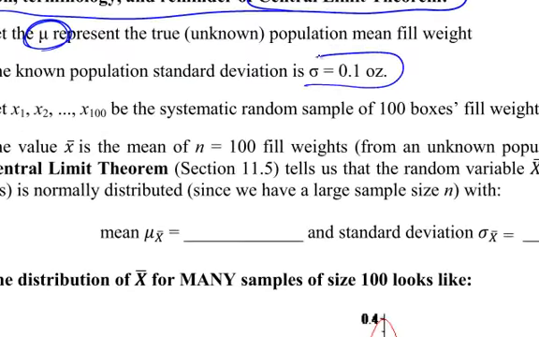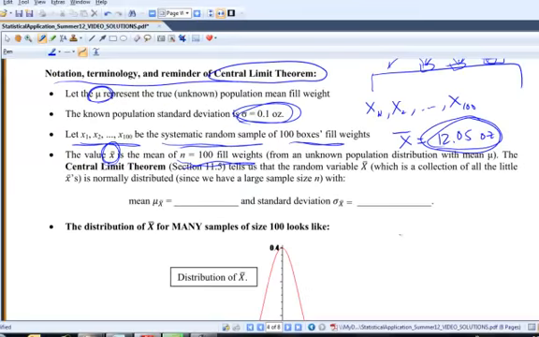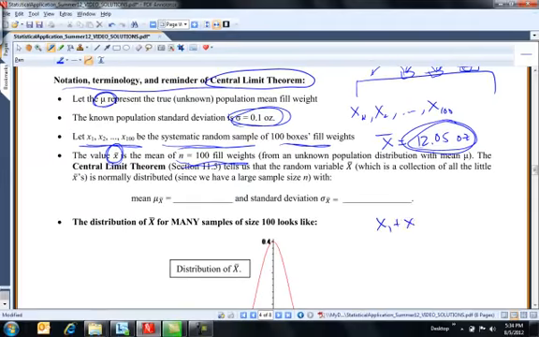I'm assuming sigma equals 0.1, and I'm letting x1 through x100 be a systematic random sample of 100 box fill weights. The value little x bar is the mean of the 100 fill weights. Imagine that we took x1 plus x2 through x100 and divided by 100, and we got 12.05.